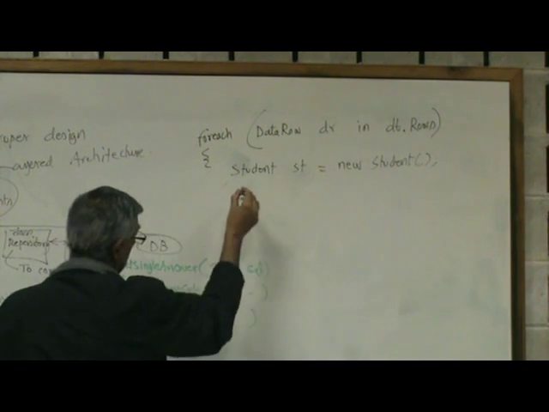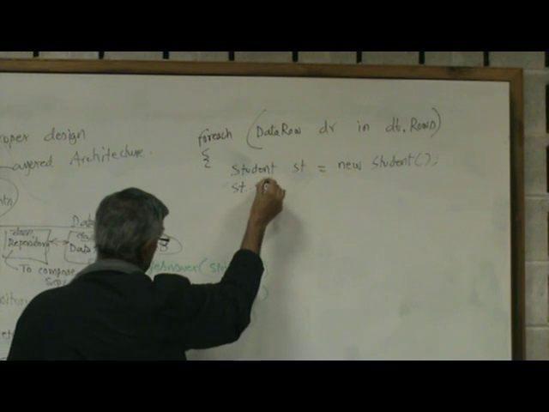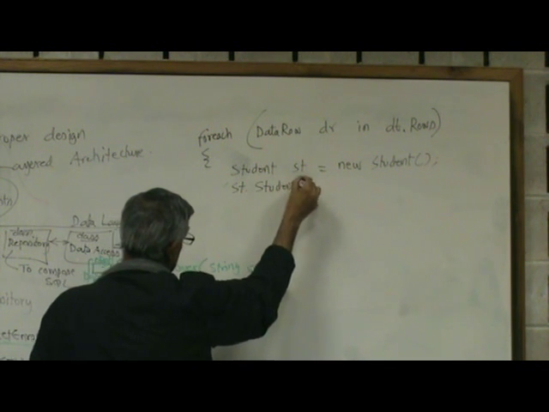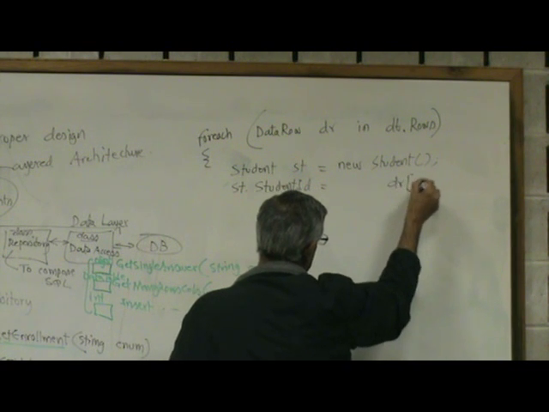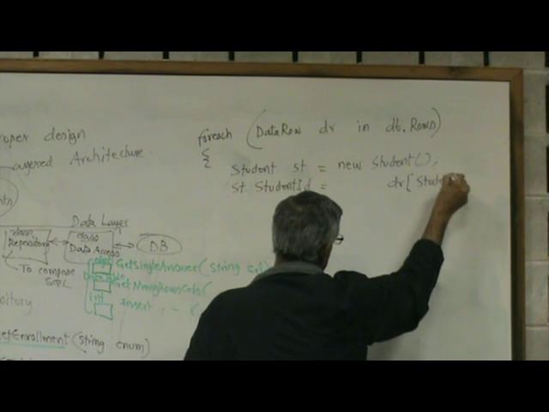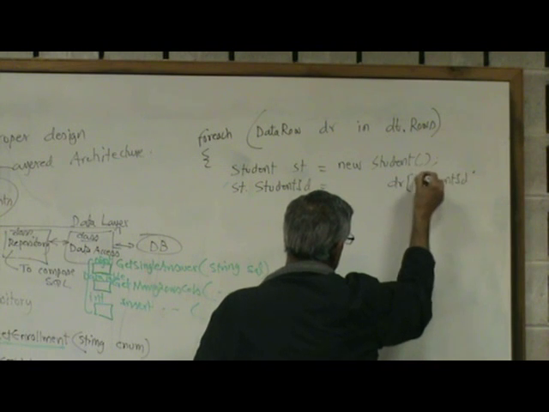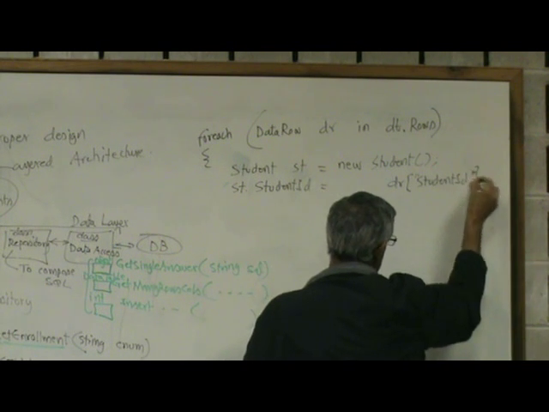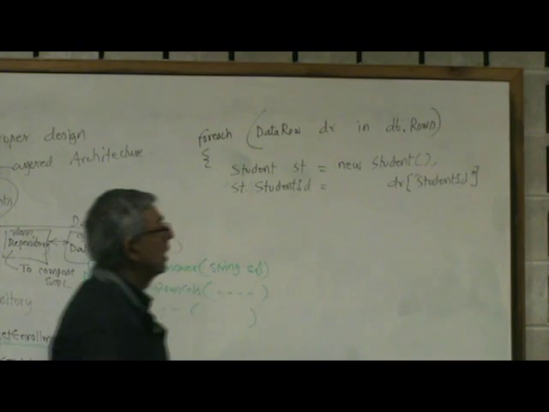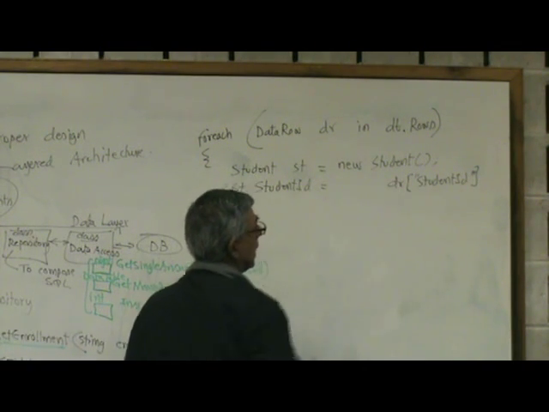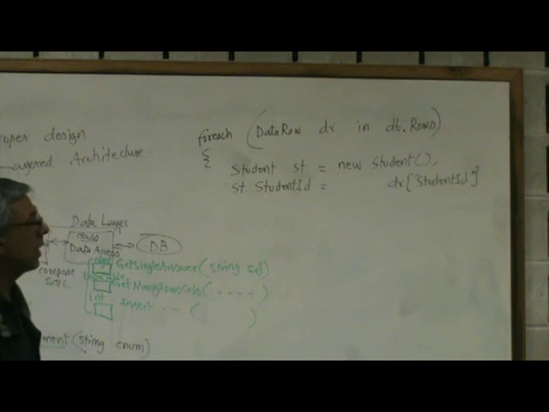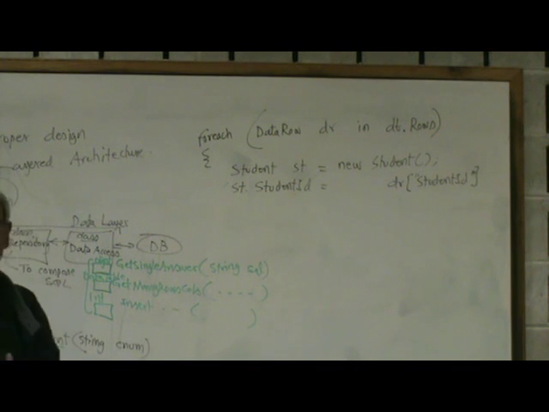Okay, then we can say st dot student ID equal to dr of student ID. Now, this is the indexer provided on the data row. So anytime we try to read the column from the database, it's given to us as an object.